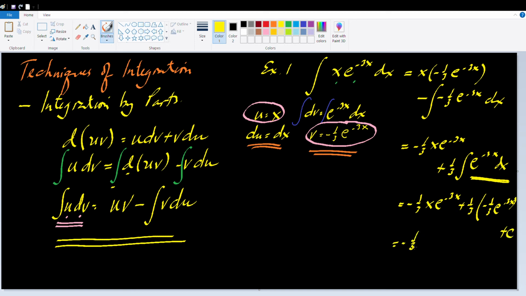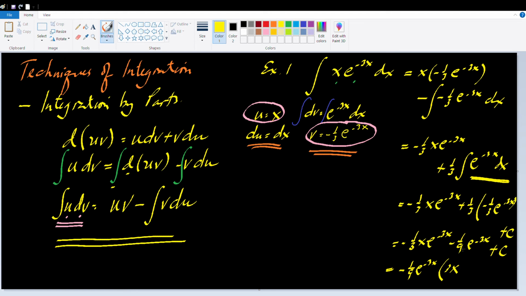Let us polish our answer. Negative 1/3 x e to the minus 3x. 1/3 times negative 1/3 is negative 1/9 e to the negative 3x plus c. We finalize our answer by factoring negative 1/9 e to the negative 3x times, so negative 9 divided by negative 3 is positive 3x.